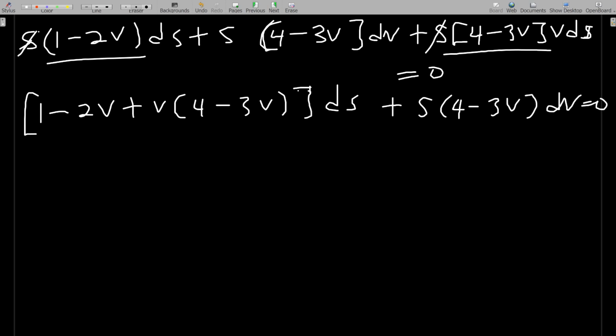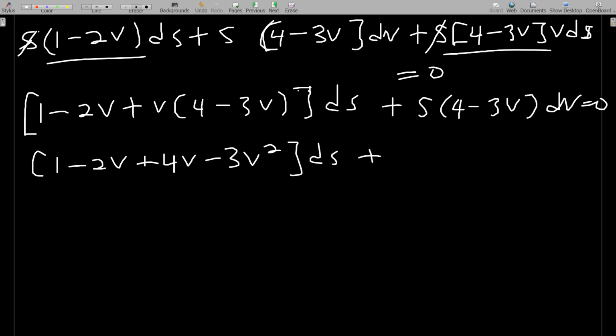So quickly, let me expand this one and simplify. I have 1 minus 2v plus 4v minus 3v squared, ds plus s into 4 minus 3v dv equals 0.